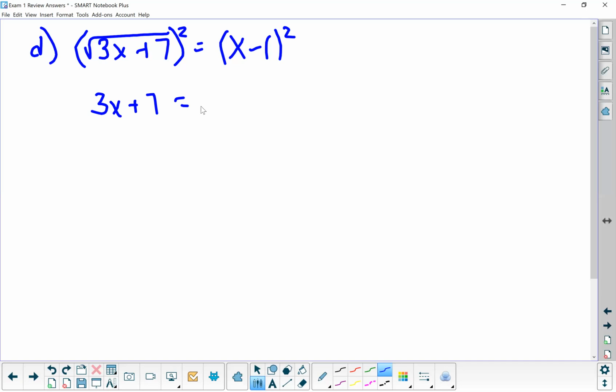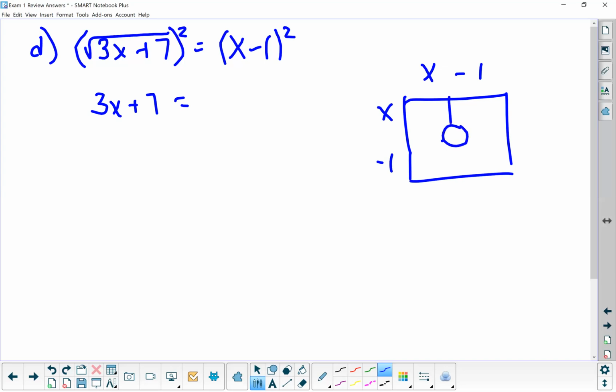On the right-hand side, there is a special formula, or you could use FOIL, or you could use the box method to multiply this out. So if we have x minus 1, using the box, I like to put the circle in the middle. X times x is x squared.